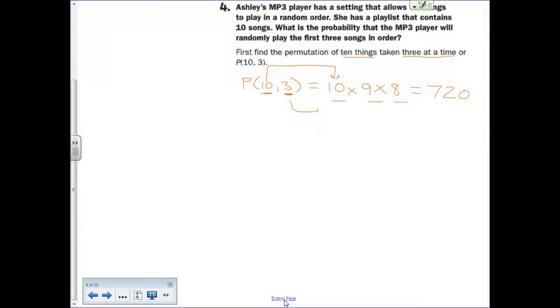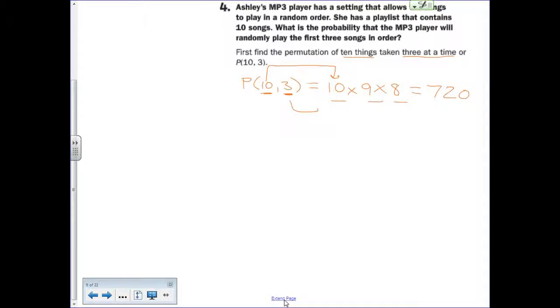Now, if there are 720 different unique permutations where those 10 songs are placed in a different order, how many of those would be song number 1 coming first, song number 2 coming second, and song number 3 coming third? How many of those would be that way?